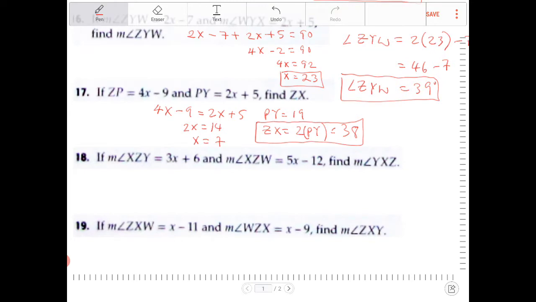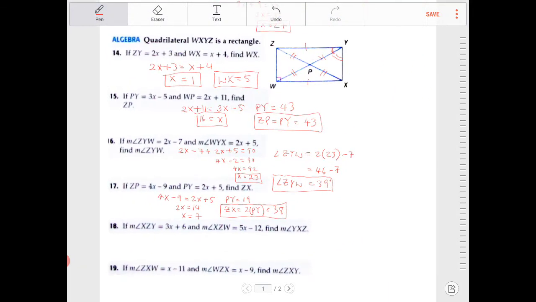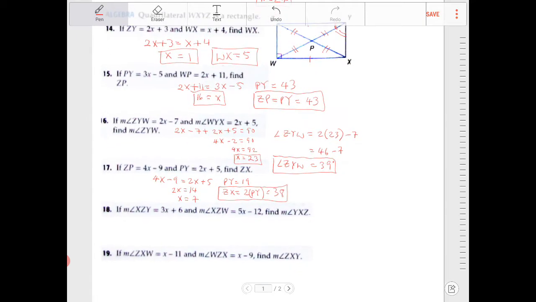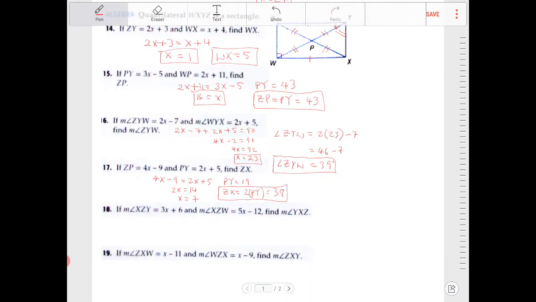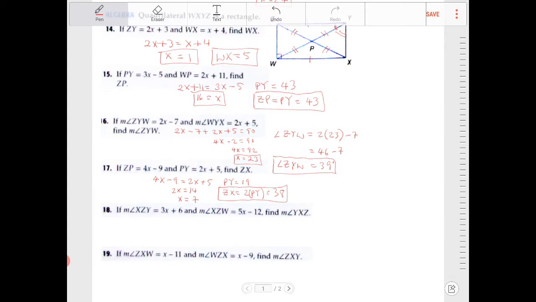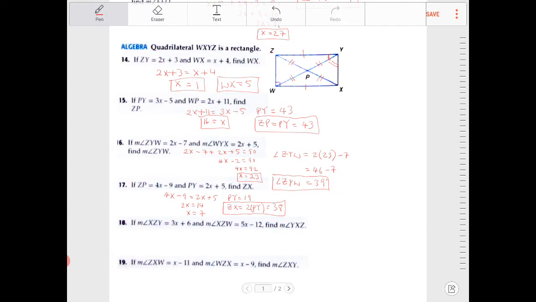If angle XZY is equal to 3x plus 6, and XZW is equal to 5x minus 12, find YXZ.